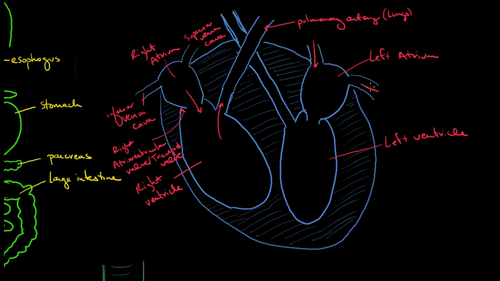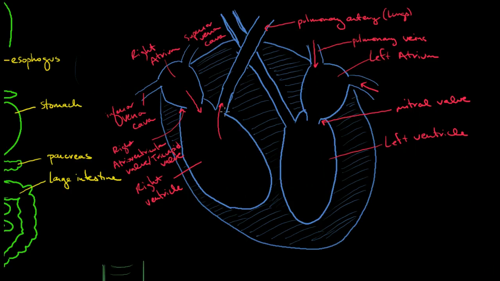bringing back oxygenated blood through these vessels, which we're going to label as the pulmonary veins. And there's this one down here too. It goes into the left atrium, passes by the mitral valve. Oh, by the way, there's a valve here too.